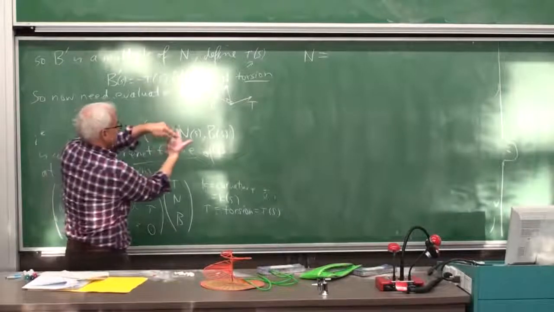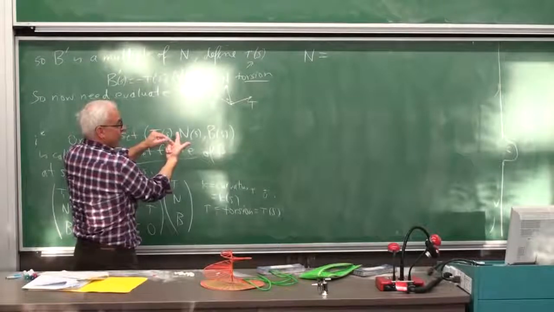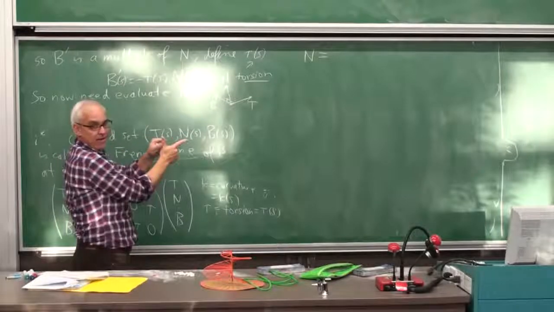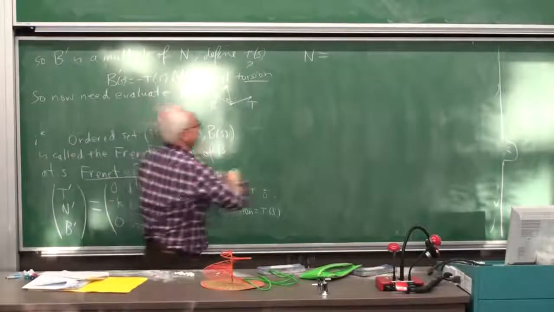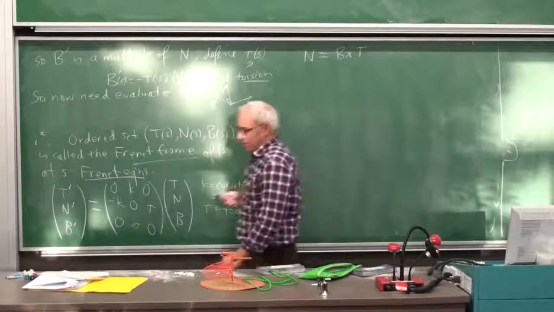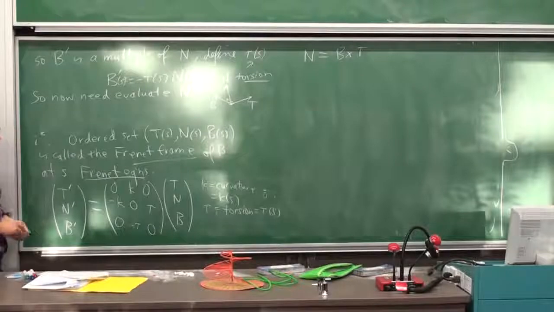So here's T, and here's N, and here's B. So if I do B times T, I'm going to get N. So N is equal to B times T, cross product of B with T. Yeah? It's like i times j equals k, j times k equals i, k times i equals j.